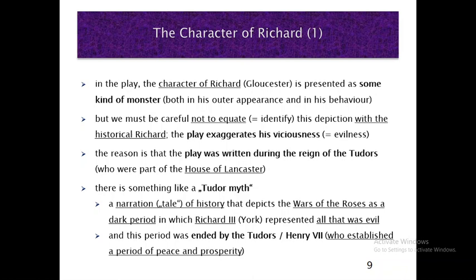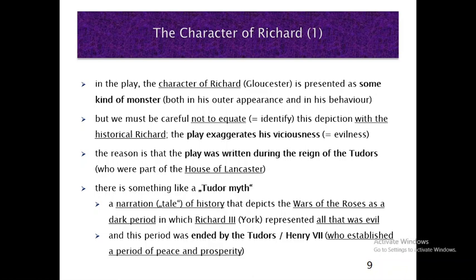And it says the Wars of the Roses was a dark period, and the evil was the House of York, mainly Richard III. And then someone basically ended this, saved the situation from the House of Lancaster, namely Henry VII, who established a period of peace and prosperity under the Tudors.